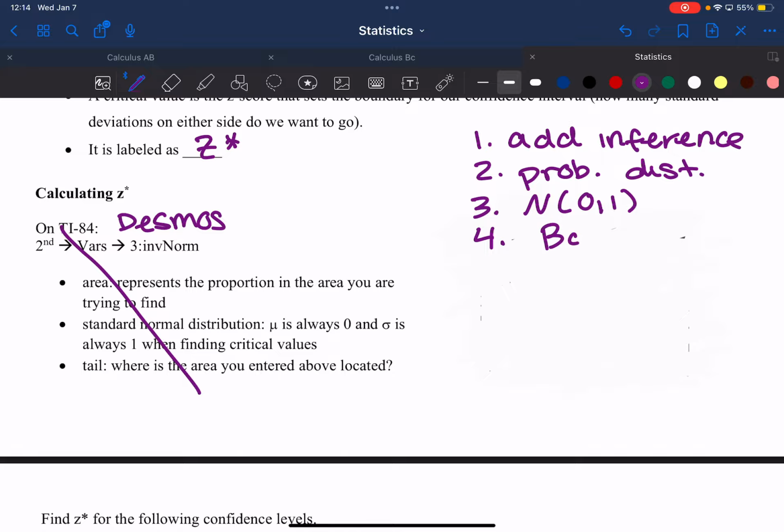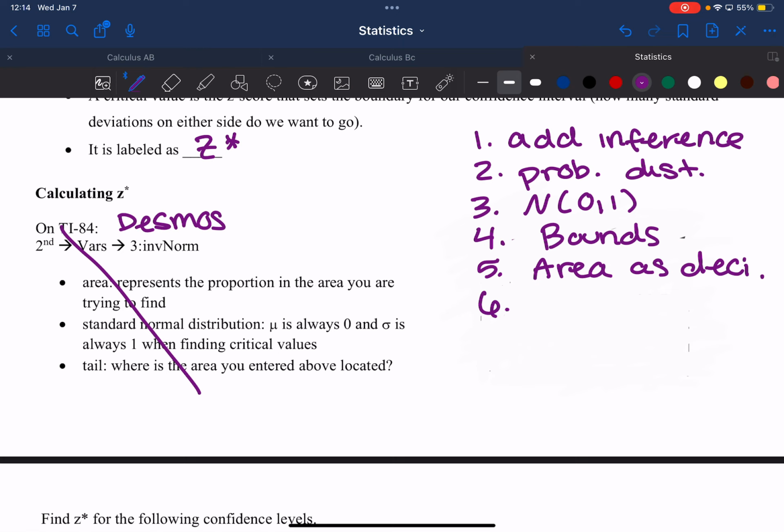Then you're going to click on bounds and type in your area as a decimal. So your area is always going to be that confidence level. So if they say we are 99% confident, that means the area is 99%, which we write as 0.99.